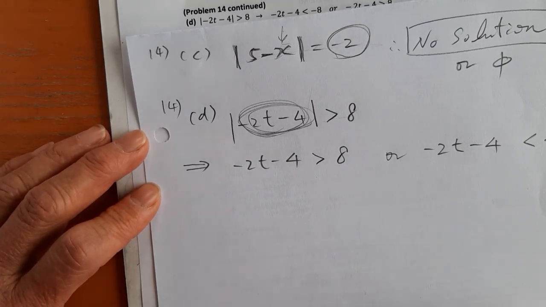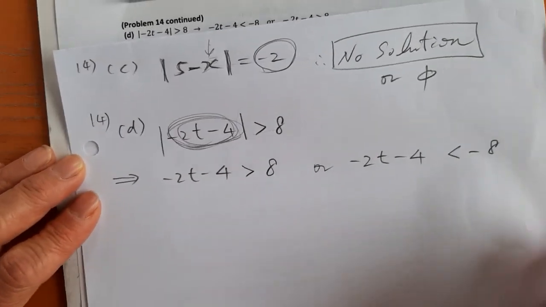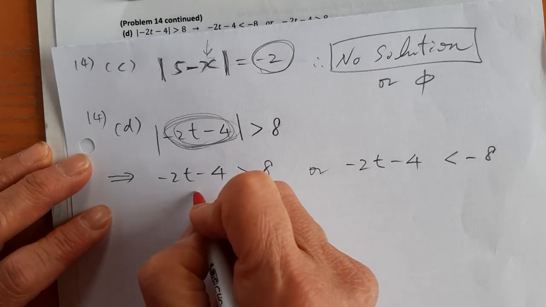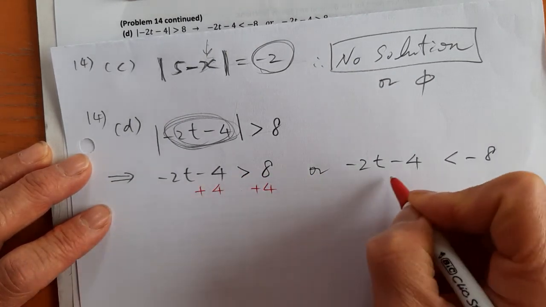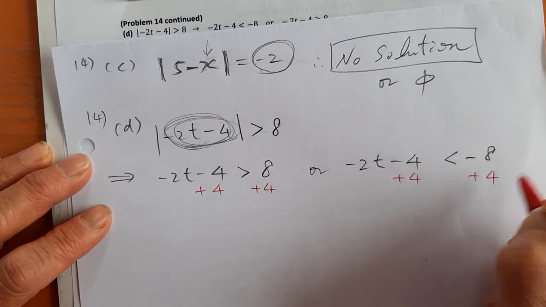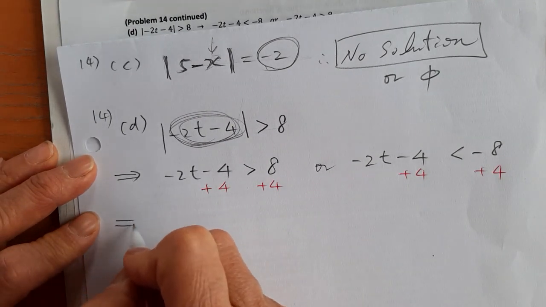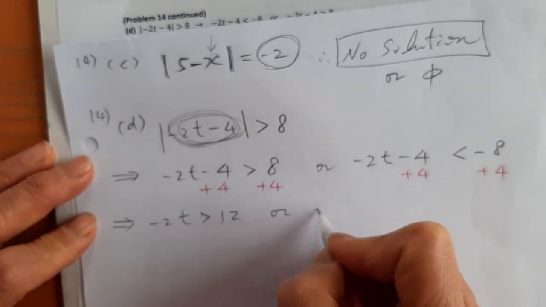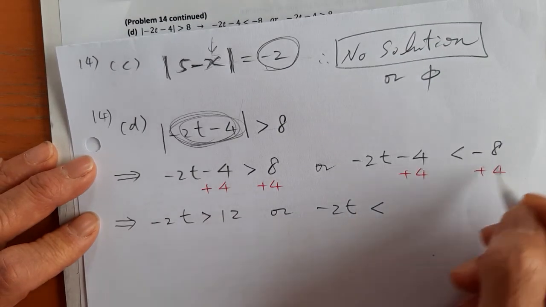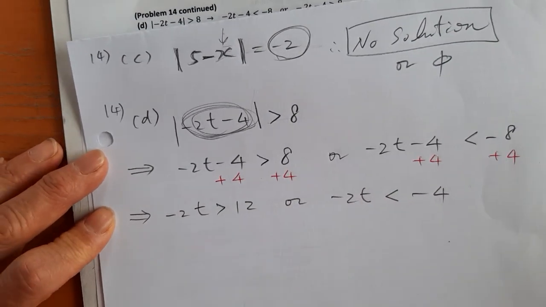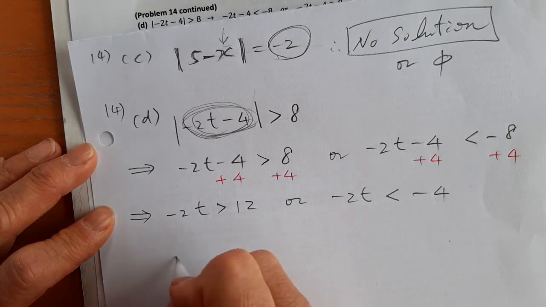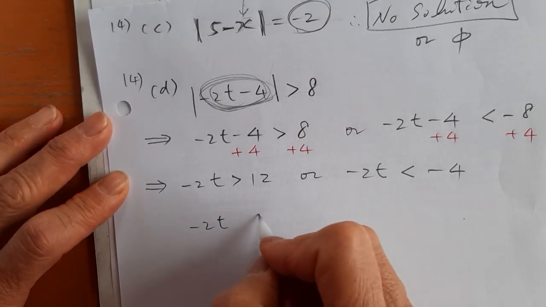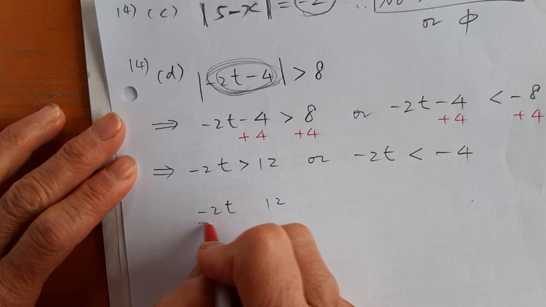Now you solve it. So solve for t. So you add 4 to both sides. Then you will get -2t greater than 12, or -2t less than -4. Then you divide both sides by -2.